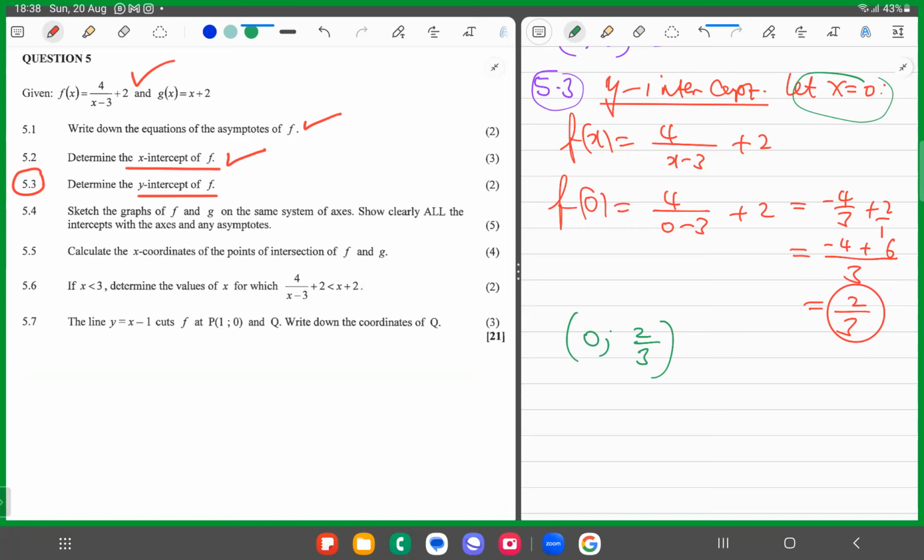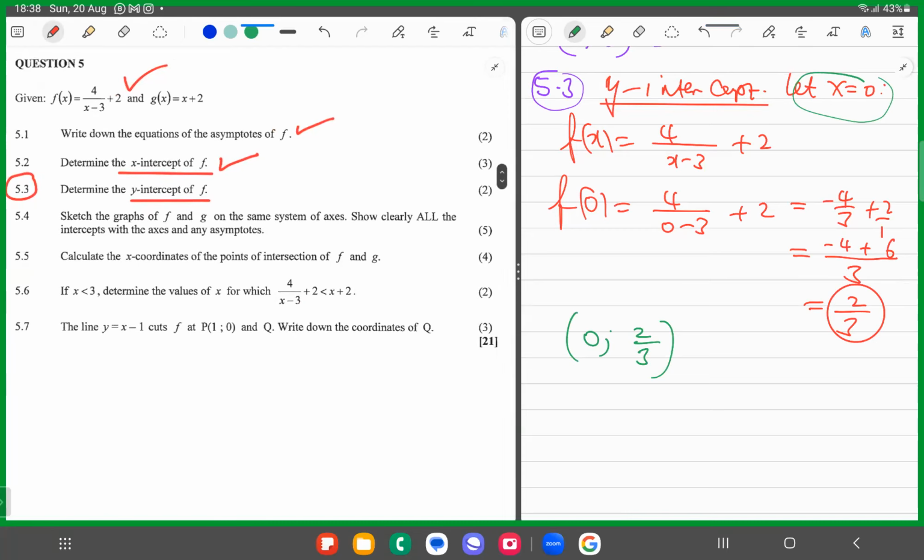Right, so at this point we have the following. In 5.4, we need to sketch the graphs of f and g on the same system of axes. Show clearly all the intercepts of the axis and any asymptotes. Sketch these graphs. How do you sketch them?